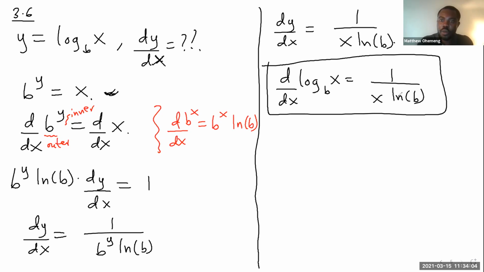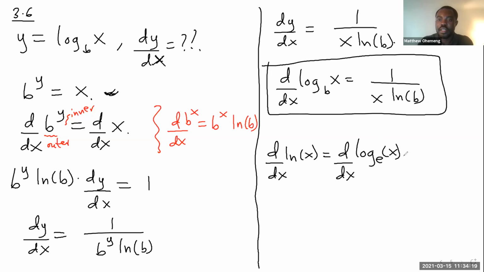Now, what is the derivative of ln of x? Well, ln of x is the same as log base e. So using the expression that we got here, it should be 1 over x ln of what? The b is e in this case, so that's ln of e. But what is ln of e? ln of e is 1.